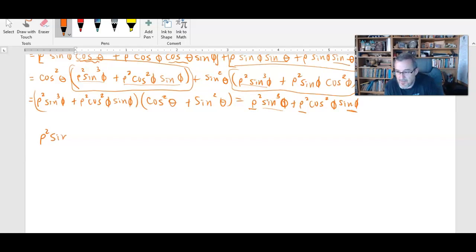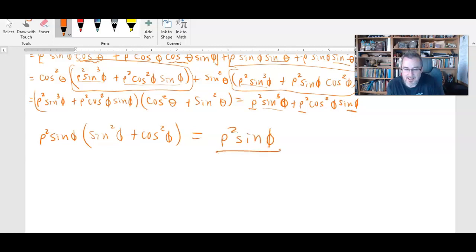So we'll factor out the sine of phi. If I factor out rho squared and just one of the factors of sine of phi, that would leave me a sine squared phi, and I'm left with a plus cosine squared of phi. Again, that's 1. And we're left with just rho squared sine phi.